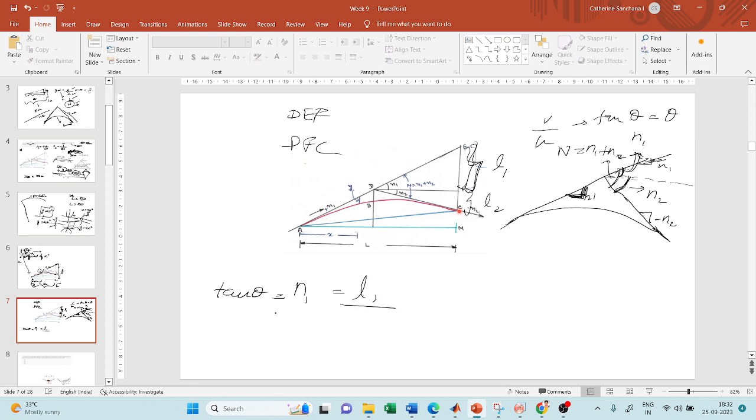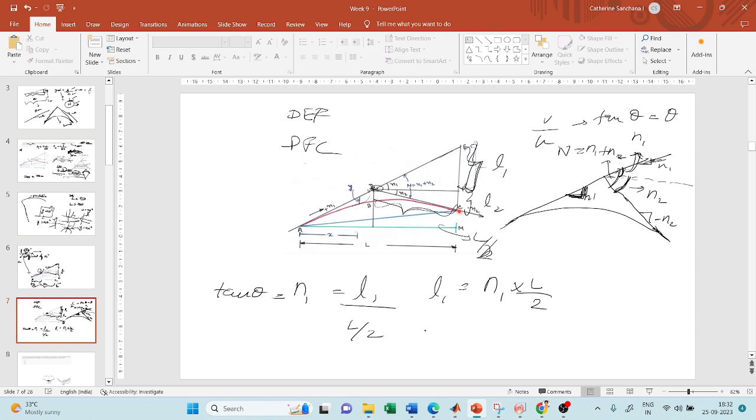Tan theta is opposite by adjacent, right? This adjacent value is nothing but L by 2. So if the entire distance is L, at midway half it is L by 2, right? So my L1 is nothing but N1 into L by 2.